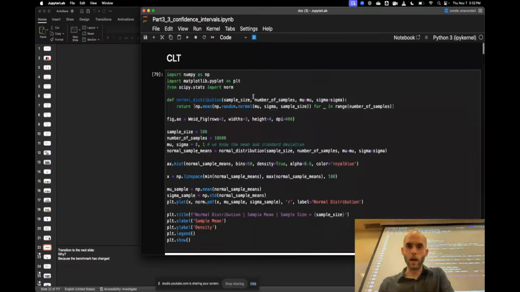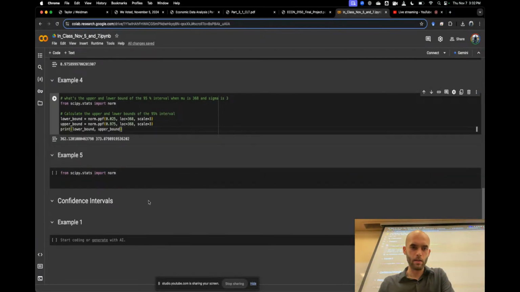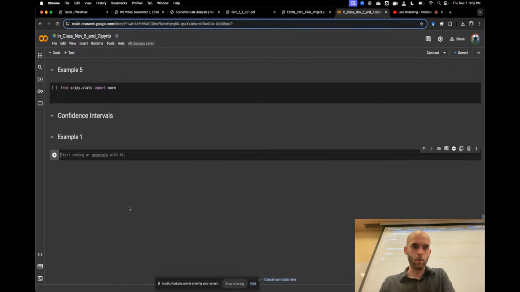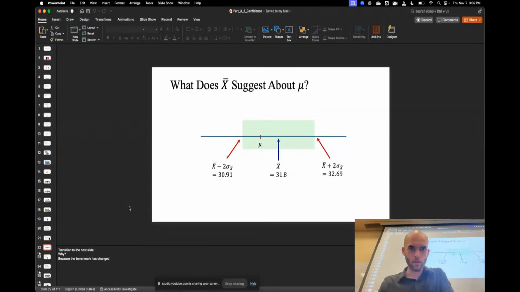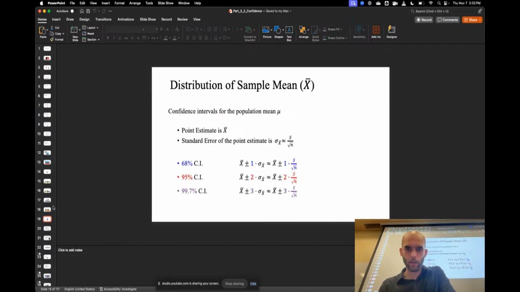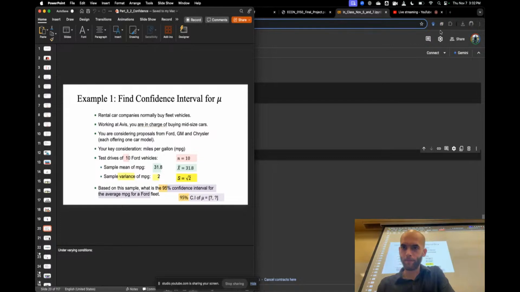All right, so what we'll do is go over to Google Colab, and we'll call this example 1. And maybe we'll just bring up the information we have.